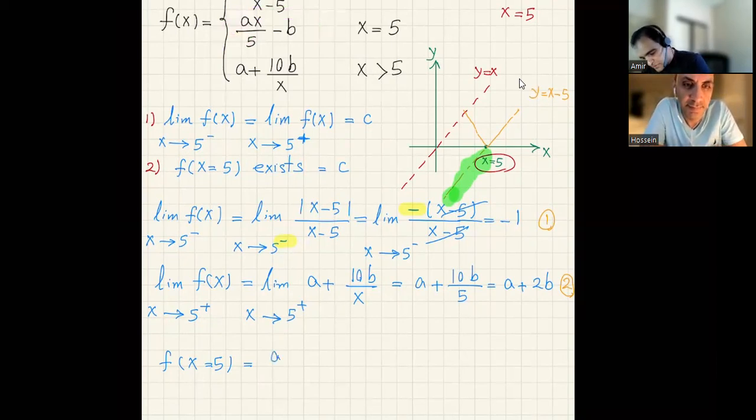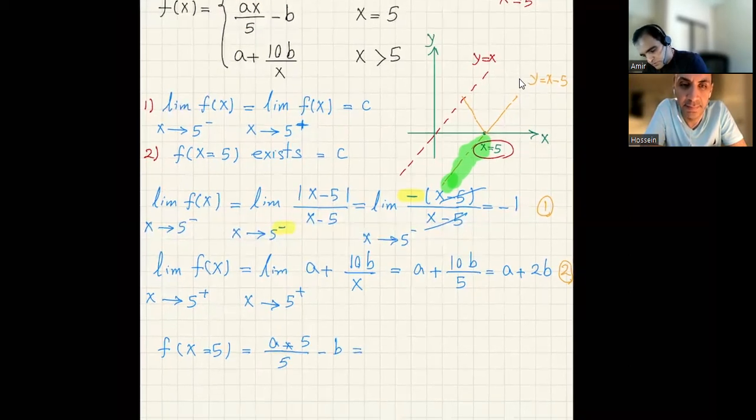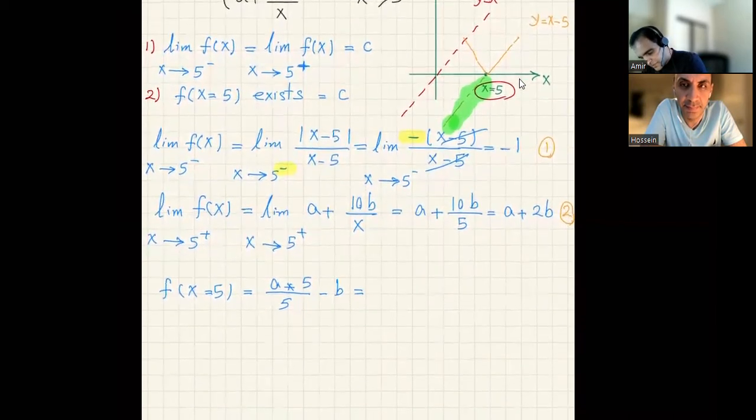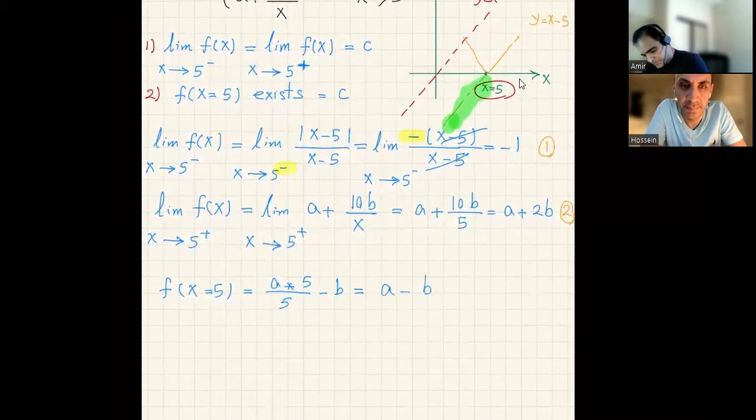I replace x with 5, times 5 divided by 5 minus b. So it's going to be a minus b. Right. So, easy peasy. That's the result number 3.